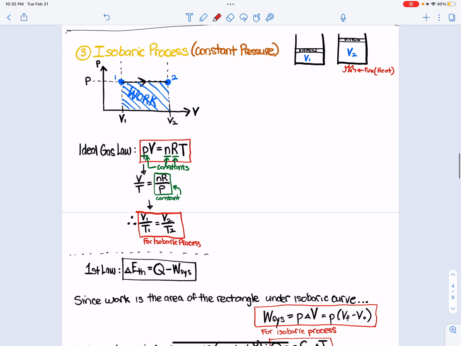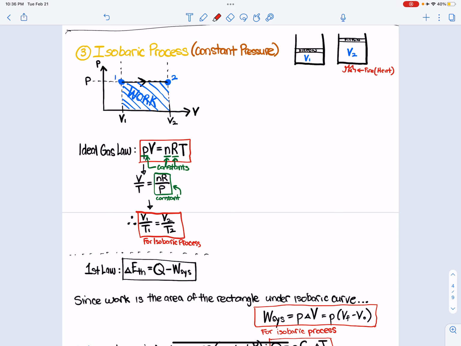The next process we're going to talk about is the isobaric process, which means a process with constant pressure. And usually these are problems like if we have a cylinder with a piston inside and a certain volume, right? And the piston is free to move, frictionless.